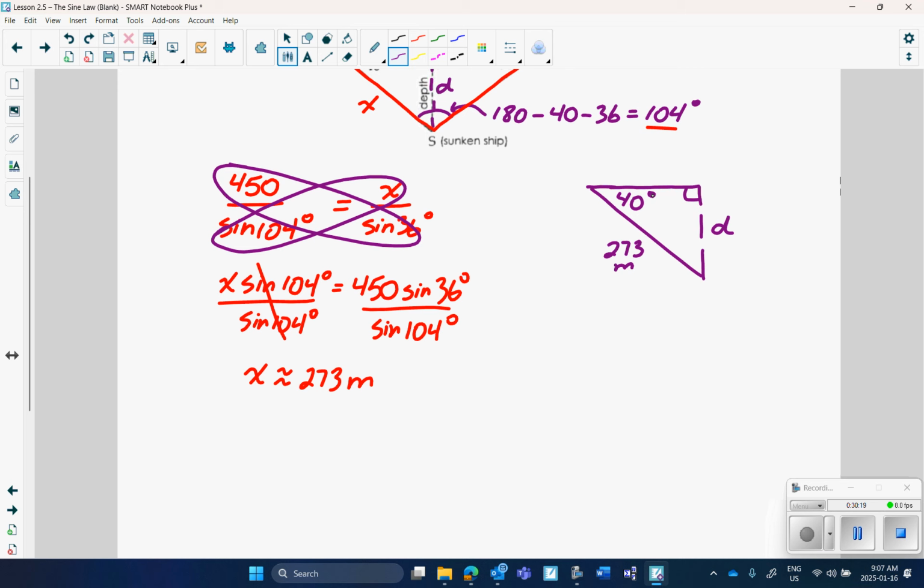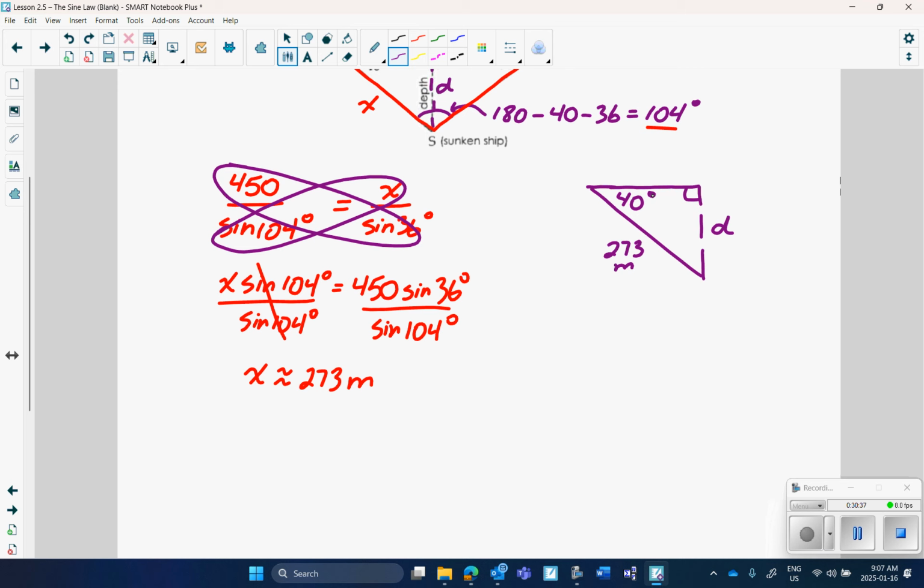Technically, you could use sine law again, because it would be set up like 273 over sine 90 equals d over sine 40. That'll work. Or we just use right triangle trig.